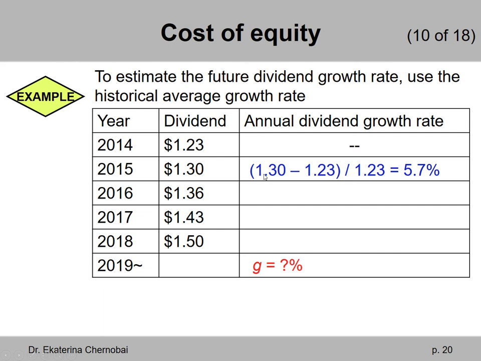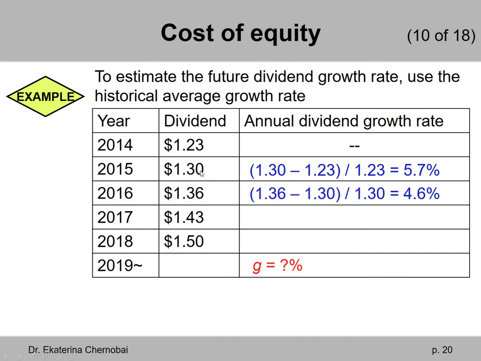Then using the same new minus old divided by old calculation, we can calculate the actual growth in dividends from 2015 to 2016, $1.30 and $1.36.